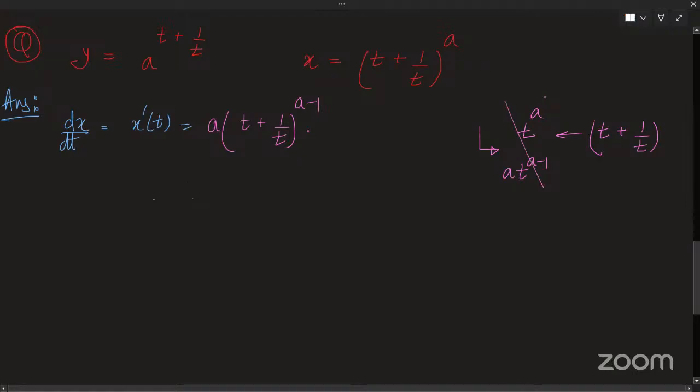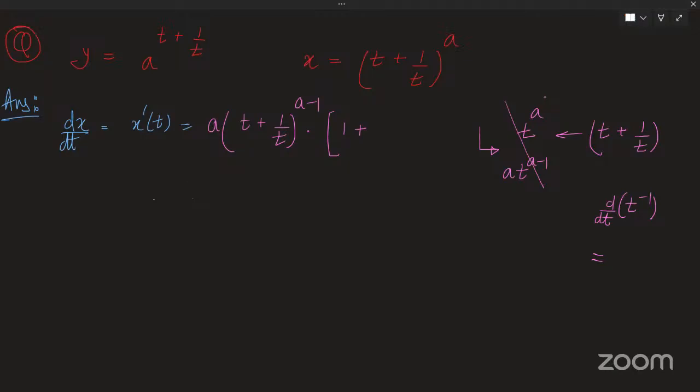What will be the derivative of t plus 1 by t with respect to t? 1 by t can be written as t raised to minus 1, right? What is the derivative of t raised to minus 1 with respect to t?